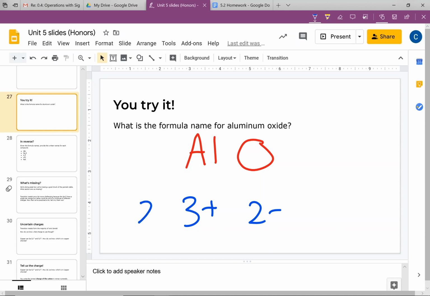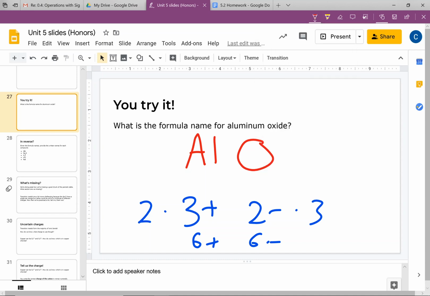So if you have 2 aluminums, you have 2 3+ charges, how many total positive charges would you have? You'd have 6, right? And if you have 3 2 negative charges, then you have 6 negative charges. And then the 6 positive charges cancel out the 6 negative charges.